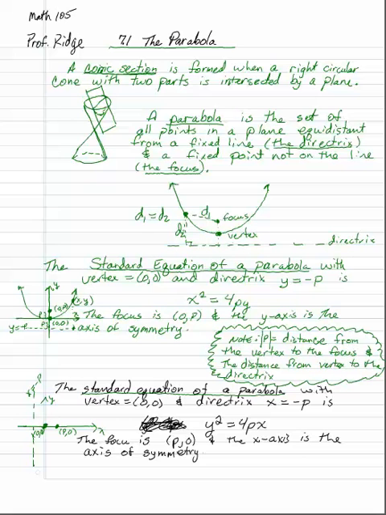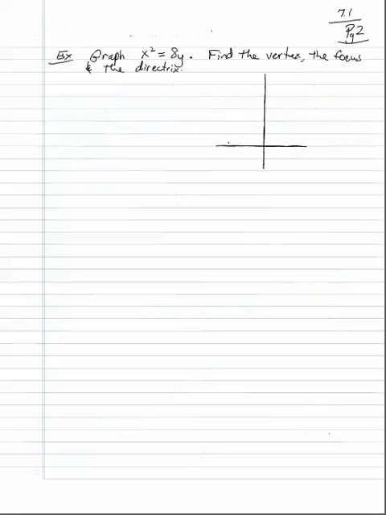And then your parabola would open to the side. And the thing to keep in mind when you're doing this, your parabola always opens towards the focus, away from the directrix.